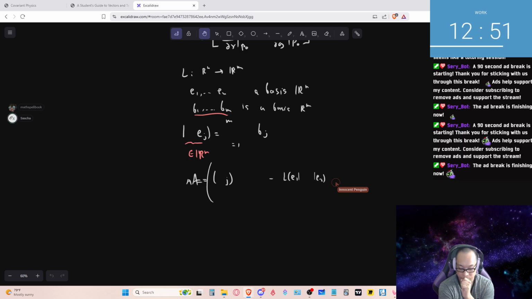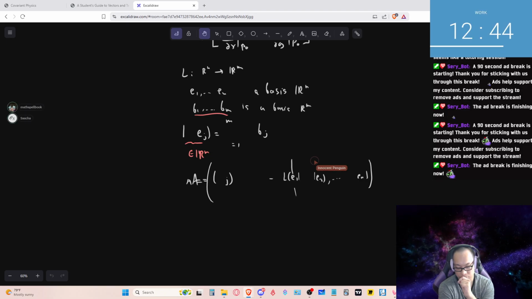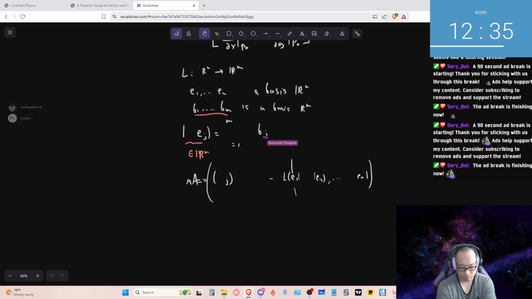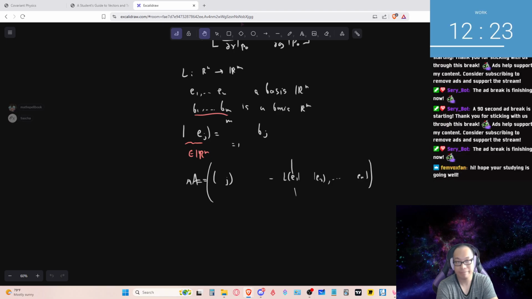Here there's kind of a nuance: when I say that we wrote L of E1 in column form, I mean we wrote it using the basis Bj. So if we go back to our example from R2 to R.